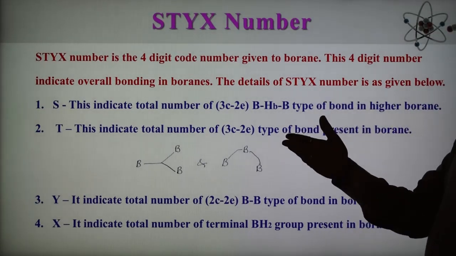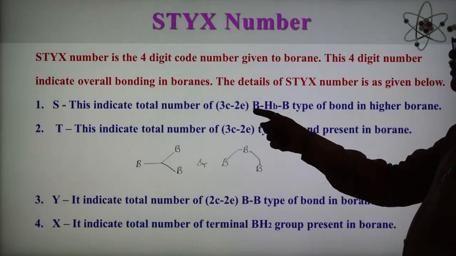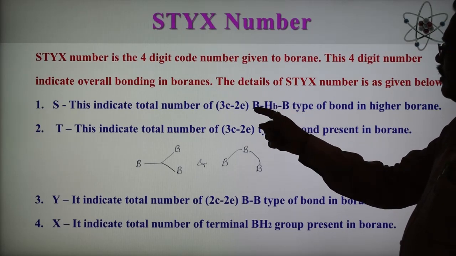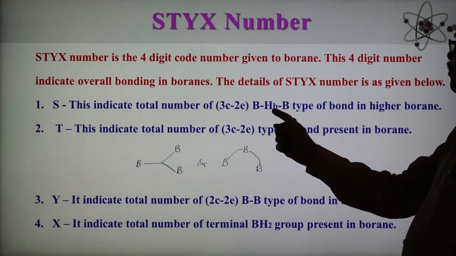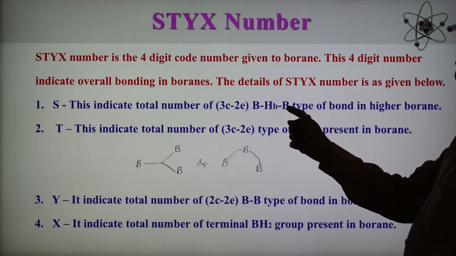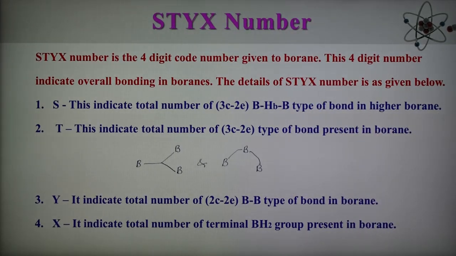As we have seen the structure of diborane, in that case this type of bond is present. So boron 1, hydrogen bridge, boron 2. The orbital of this boron contains 1 electron, the hydrogen bridge orbital contains 1 electron, and the empty orbital of this boron 2. In this way 3 nuclei and 2 electrons are involved in the bonding. This type of bonding is known as 3-centered 2-electron bonds.